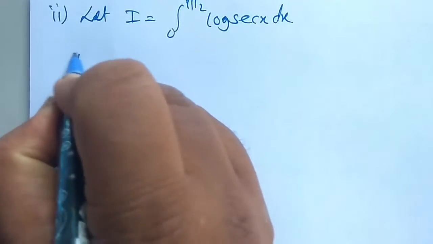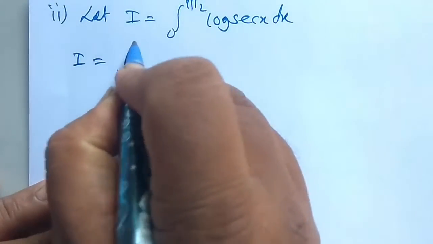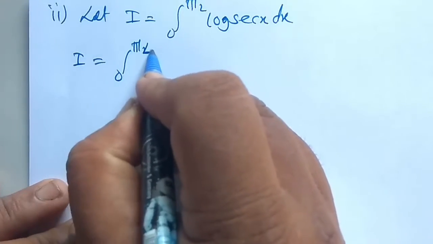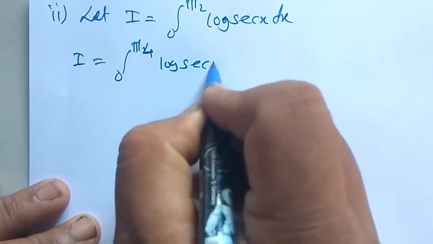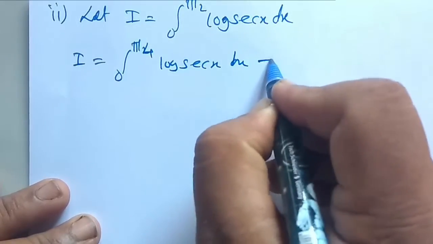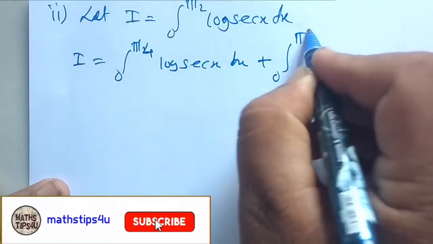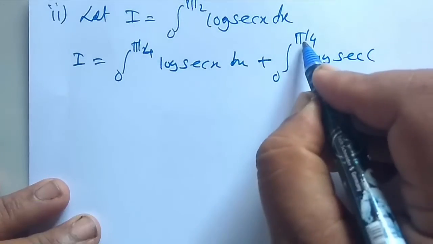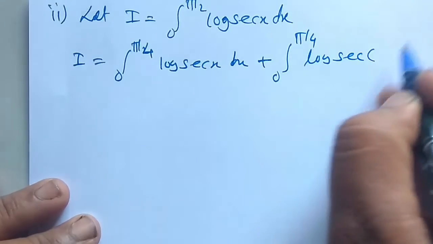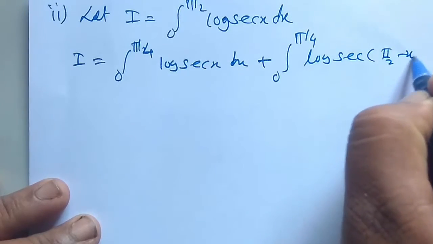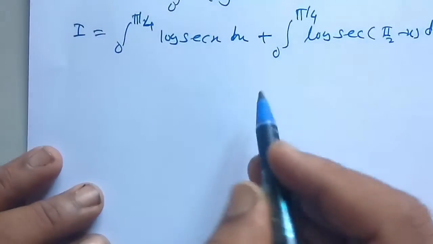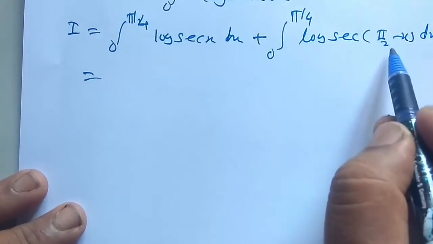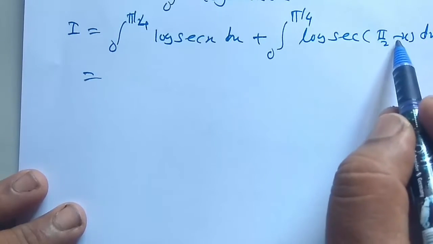So I is equal to integral 0 to pi by 4 log of sec x dx plus integration 0 to pi by 4 log of sec of, here twice of pi by 4, it is pi by 2 minus x dx. We know that log sec of pi by 2 minus x is equal to cosec x.